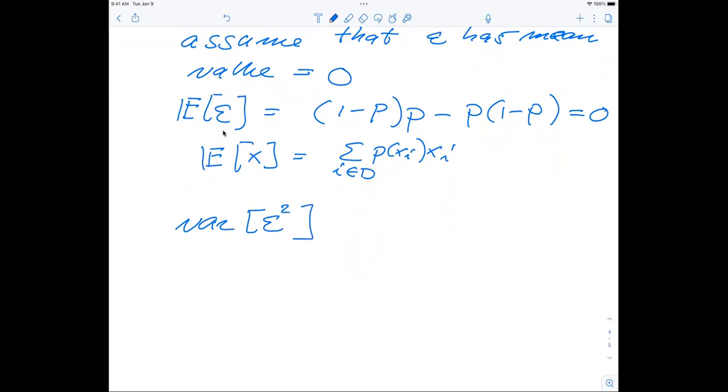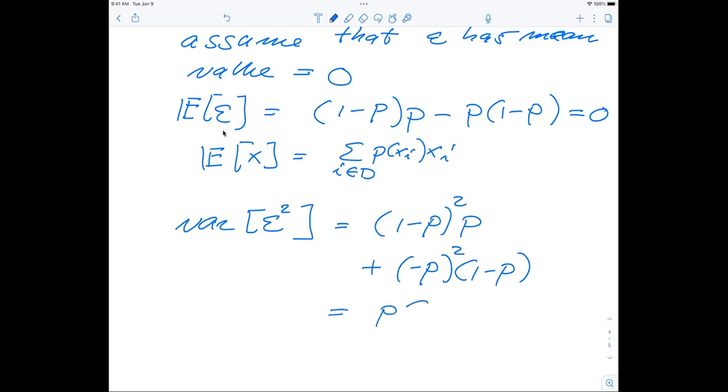With the mean value equal to 0, if I calculate the variance, what I'm going to get is the value itself, 1 minus P squared, multiplied with P, the probability. And then plus minus P squared, multiplied with 1 minus P, which is a probability. And if I now add these together, what I get is P of 1 minus P. So let me now ask you, does any one of you remember what kind of distribution has this kind of variance?